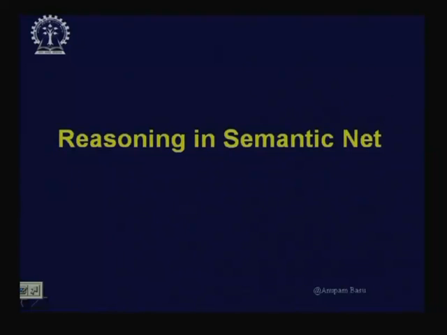In the last lecture, what we discussed was just the representation, its graphical structure, and we also gave a couple of examples. Today, we will be extending that discussion and will include how semantic nets can be used to reason, so that we can infer new things or answer questions. We will see how we can do that. So, today our objective is to look into reasoning in semantic net.